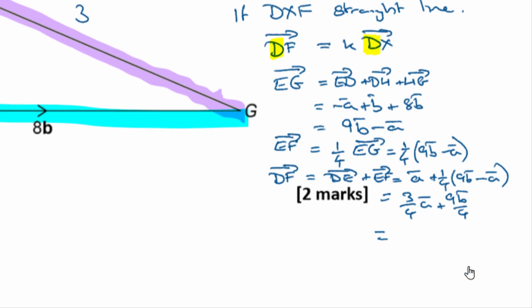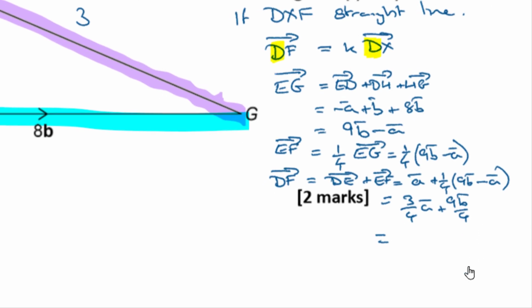I'm just going to move that up a little bit, because otherwise I'm going to run out of space. So if I factorize a 3 out of those two terms, I'm going to get 3 lots of 1/4 of A plus 3/4 of B.